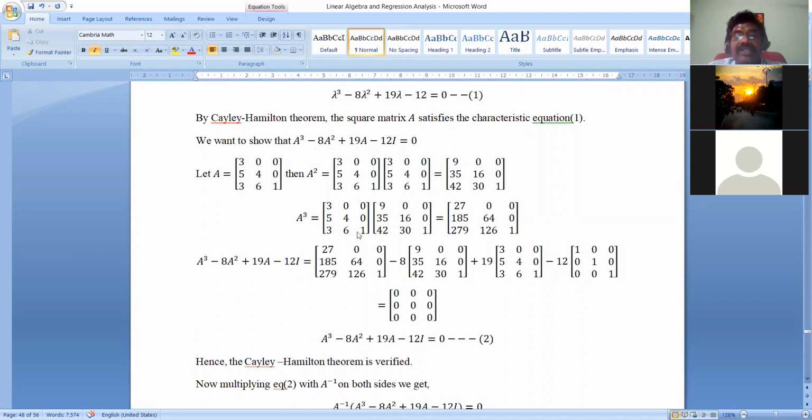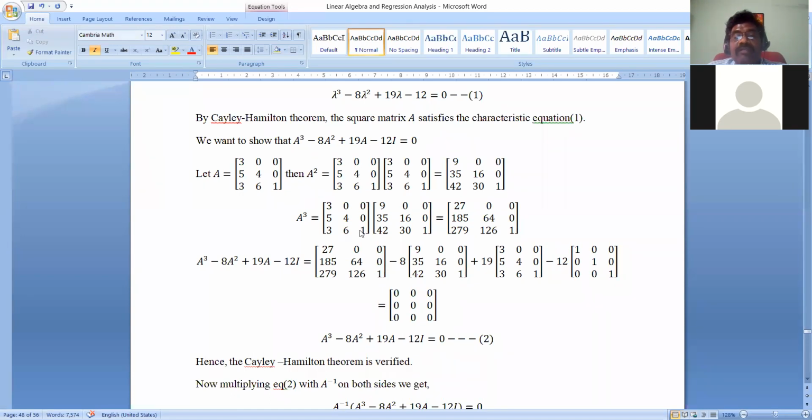Next, multiplying the third row with all the columns, we get 3 9s are 27, 6 35s are the value, and 1 into 42, then we get 279 is the value. Next, 3 into 0, 6 into 64, 1 into 30. That is nothing but 126.